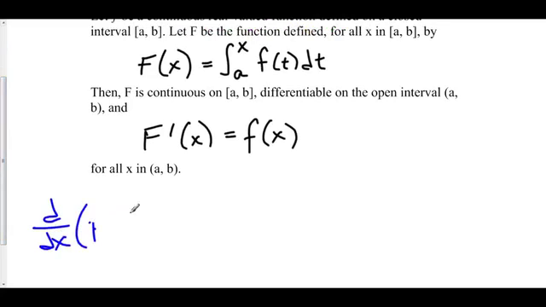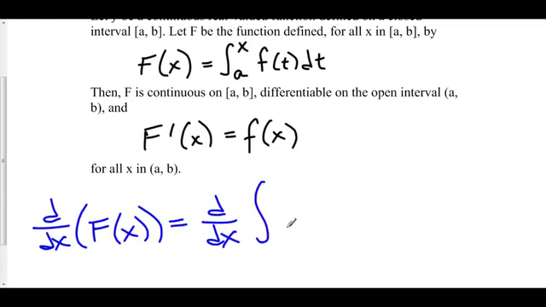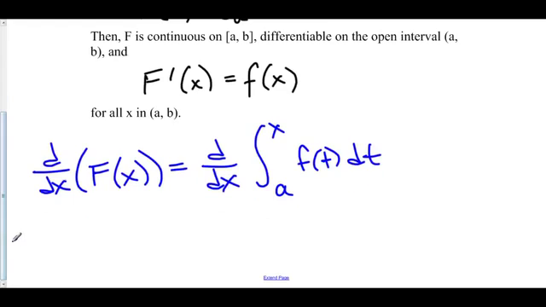In other words, if you were to take the derivative of big F of x, this is the same thing as taking the derivative of the integral from a to x of little f of t dt. And as we know from part 2 of the fundamental theorem, we need to have an antiderivative of little f of t.